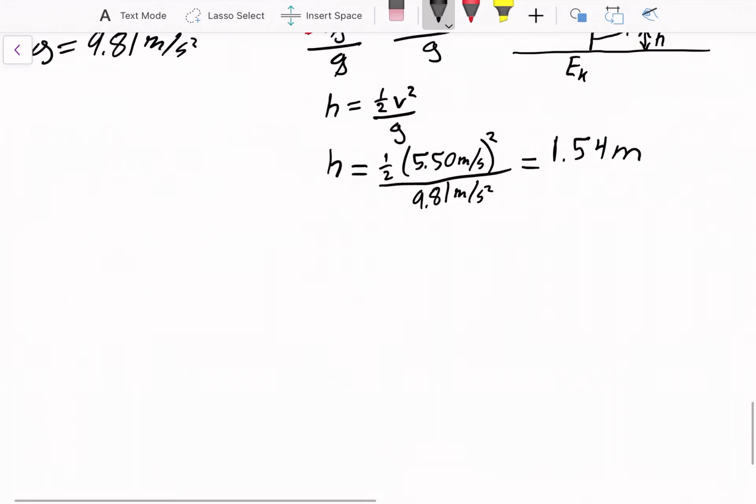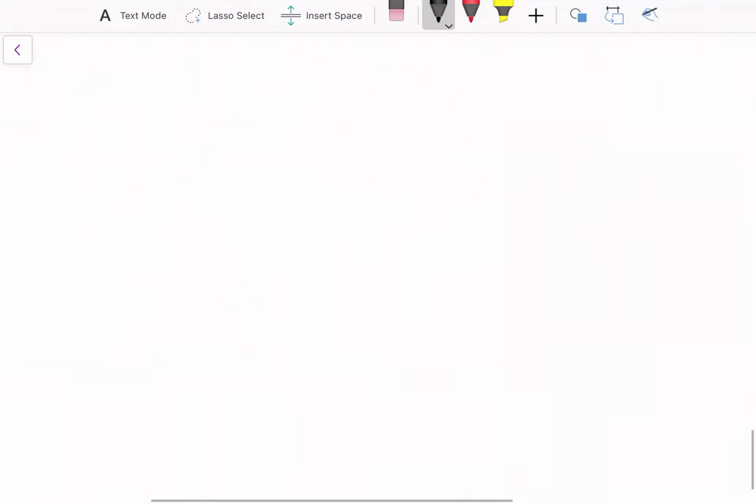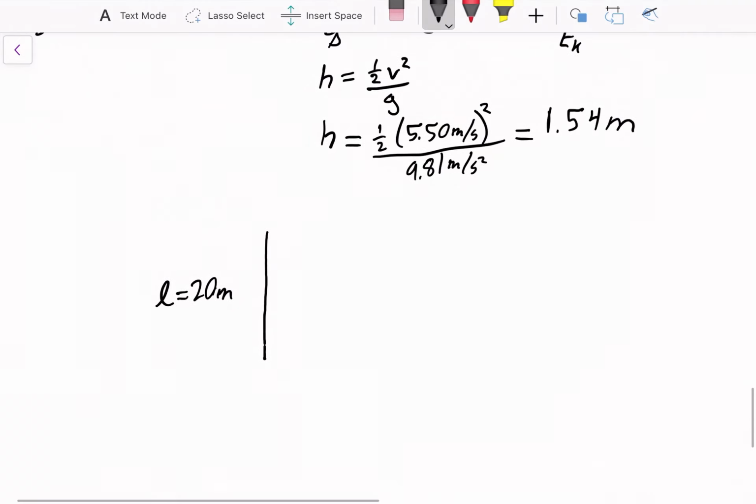And this is where I like to draw a couple of triangles in a more careful manner. So this length of the rope here, we know this length is equal to 20 meters. When the gorilla has swung out to the side here, this length is still going to be 20 meters of this rope.